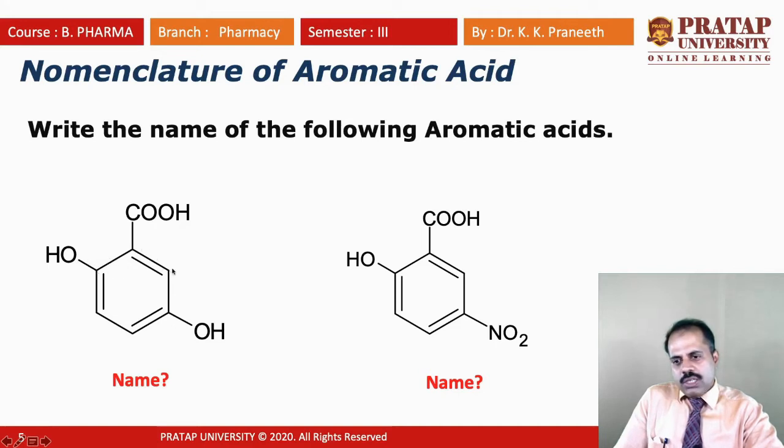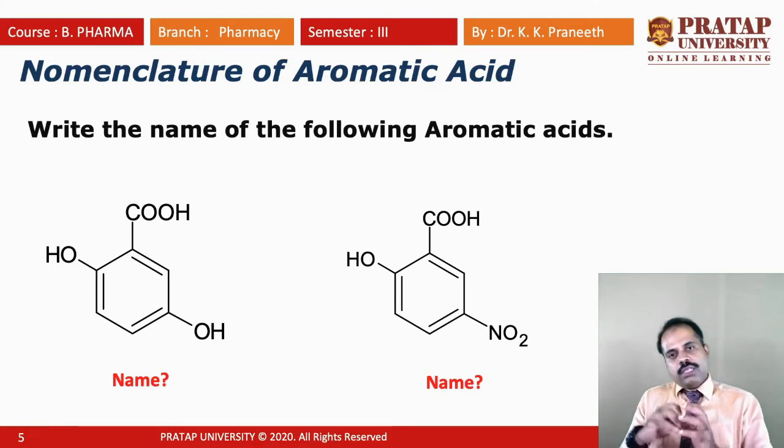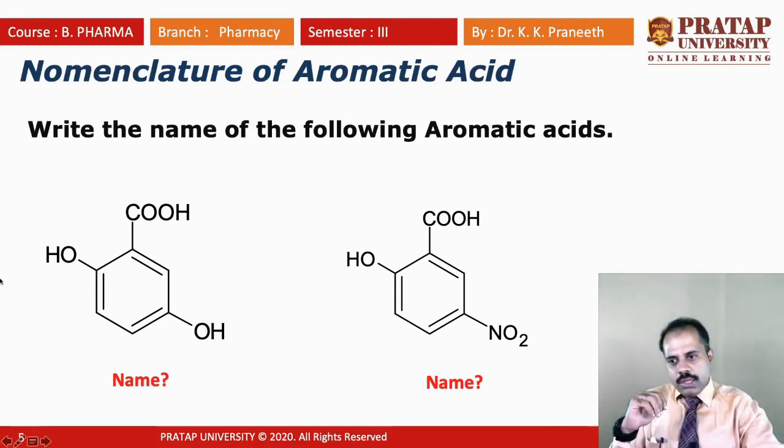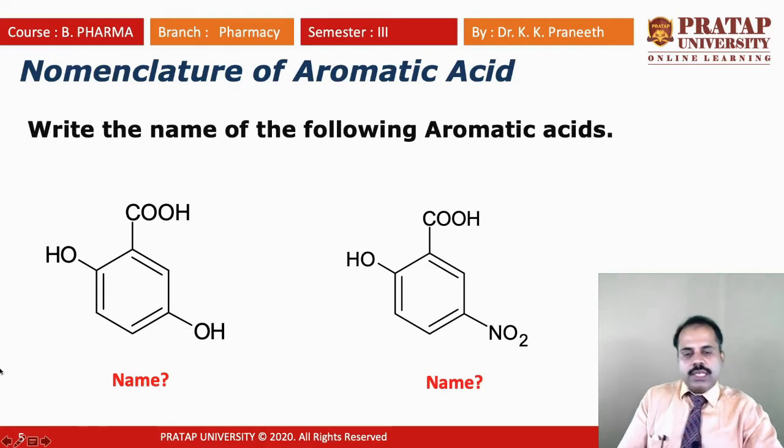Because in this second position there is no substitution. Already the substitution is coming. I told you that whenever the substitution comes first, you need to put the numbering in that path. In this path, the substitution comes first. So 1, 2, 3, 4, 5, right? 2,5 dihydroxy benzoic acid is the correct answer.